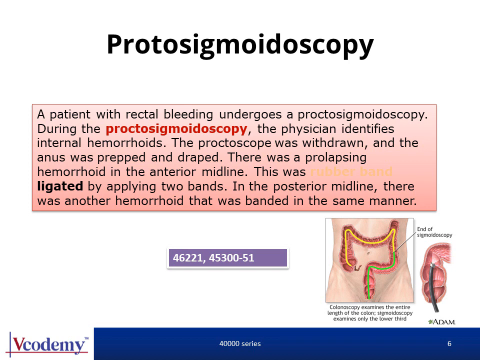Modifier 51 is added because multiple procedures are being done. One is the sigmoidoscopy and the other is the hemorrhoidectomy. And procto means anus or rectum. A proctologist specializes in this specific area.